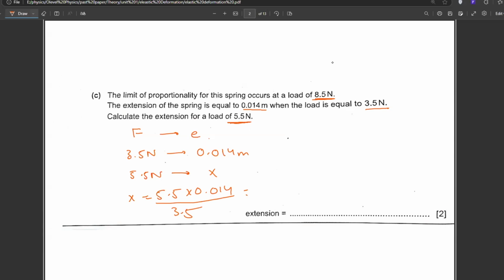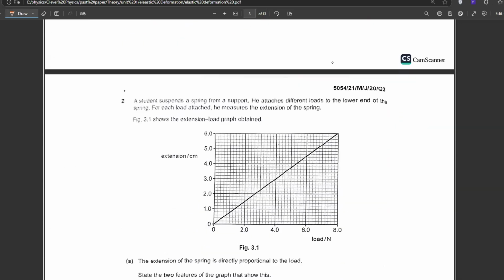Let's do it with a calculator. This equals 0.022 meters as your extension. Simple. Let's further move ahead.